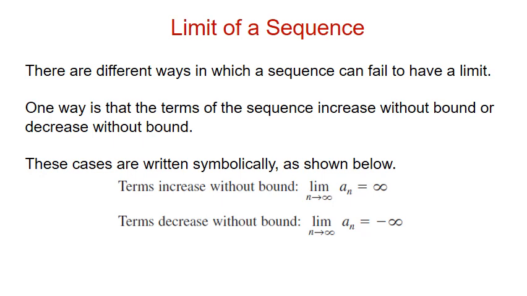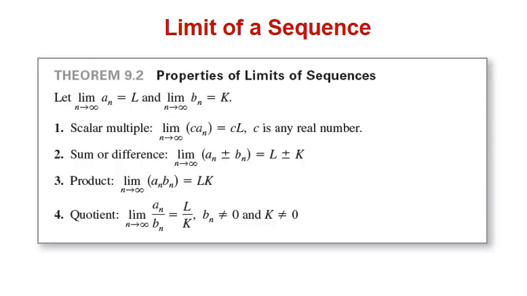So there are different ways in which a sequence can fail to have a limit. And one way is if the terms increase without bound or if they decrease without bound. So we'll see some cases where each of these things occur. Before I can jump into examples, here's theorem 9.2, so yet another theorem.